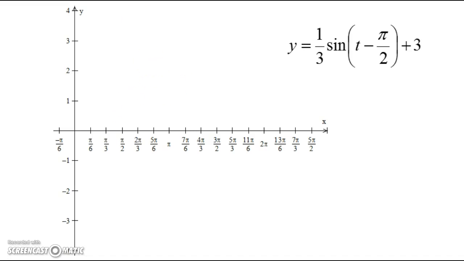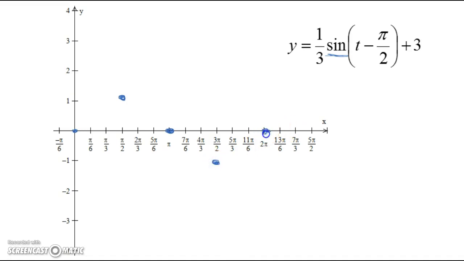So the first thing we want to do here is plot the parent function. We know that the parent sine function, we're dealing with sine here, is 0 at the origin. It has a max at pi over 2. It has another 0 at pi. It has a minimum at 3 pi over 2.